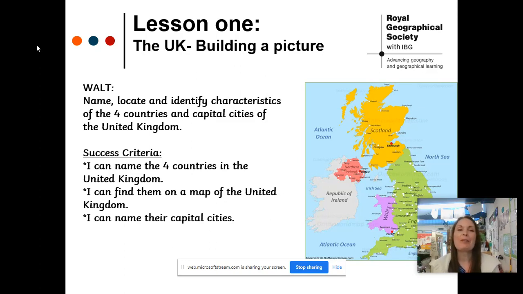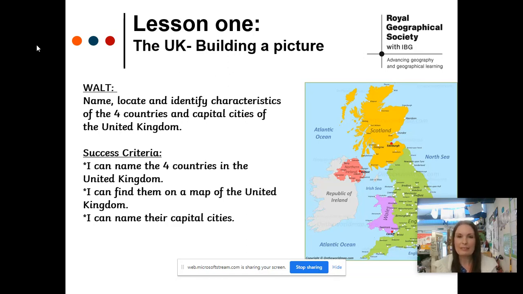In lesson 1, we are learning to name, locate and identify characteristics of the 4 countries and capital cities of the United Kingdom. So locate means find, and identify characteristics means getting to know what makes each of these 4 countries special.